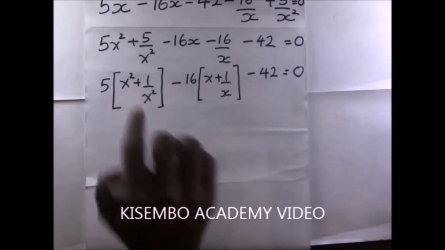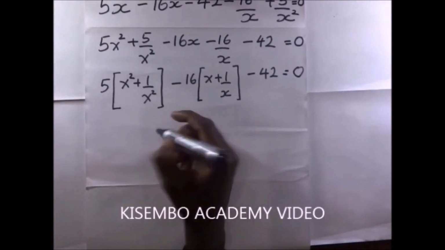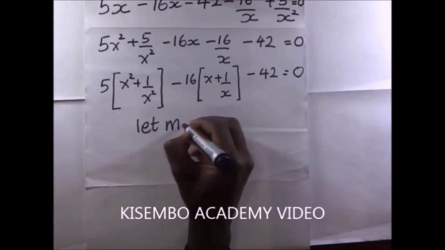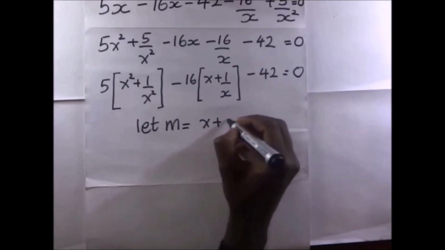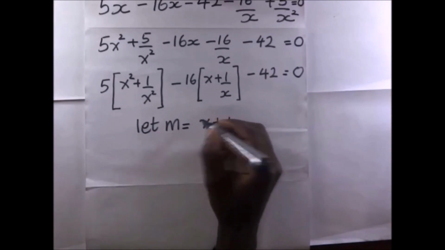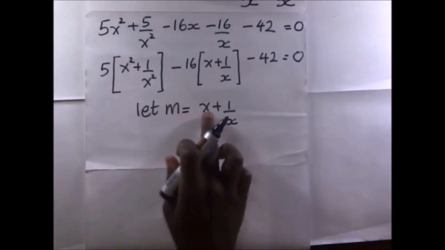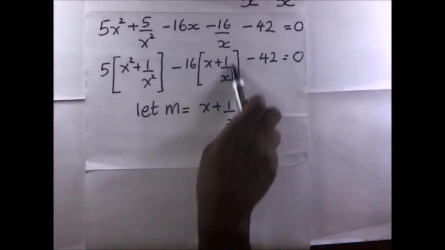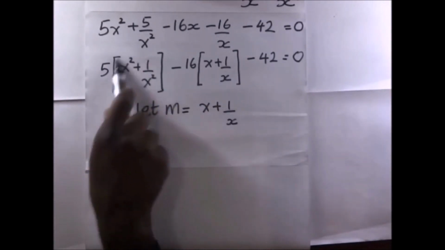Since we have put this in the brackets, let's call this a letter, let m be x plus 1 over x, so it means that this can be the value of m. Now what about this?